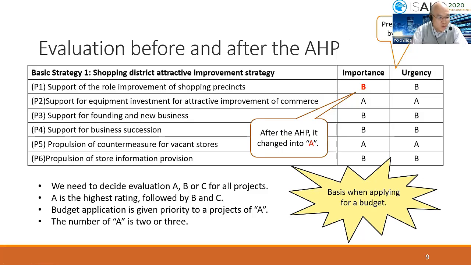Here, what we should do was to decide the evaluation of these projects with A, B, and C. A is the highest rating, followed by B and C. Budget application is given priority to projects with evaluation A. We have a condition that the number of A is 2 or 3.